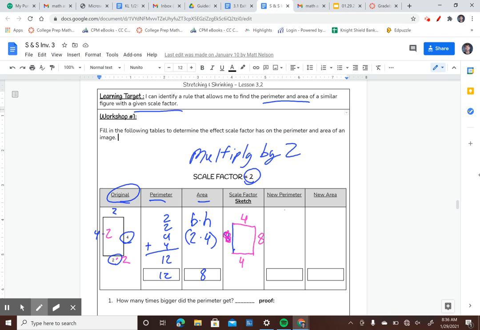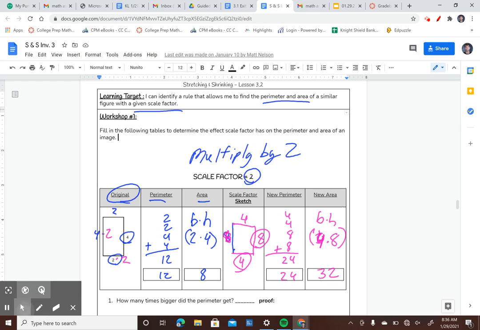And so here my perimeter would now be 4 plus 4 is 8, plus 8 is 16, plus another 8 is 24. And then my new area would be 8 times 4, my base times my height. And that would be 32.